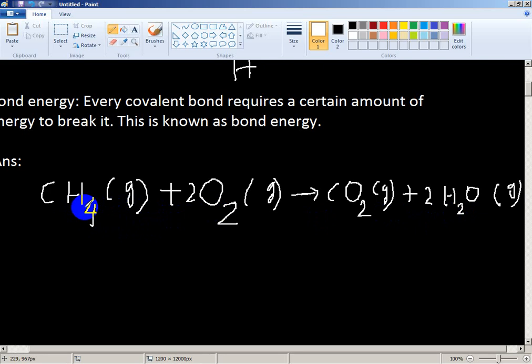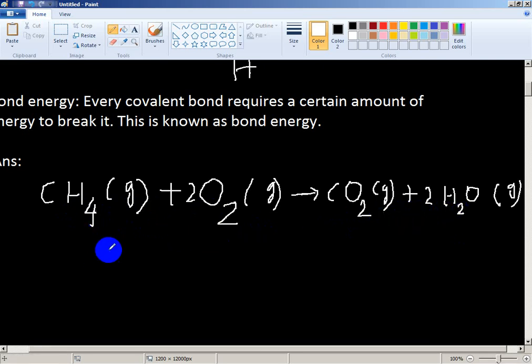Breaking occurs in the bonds of reactants, and formation occurs in the bonds of products. So bond breaking occurs in reactants, and bond formation occurs in the products.